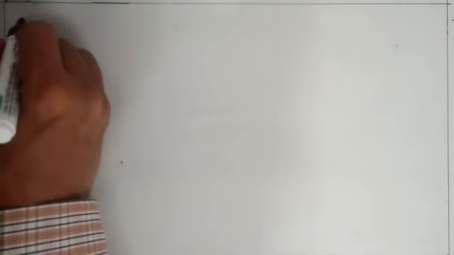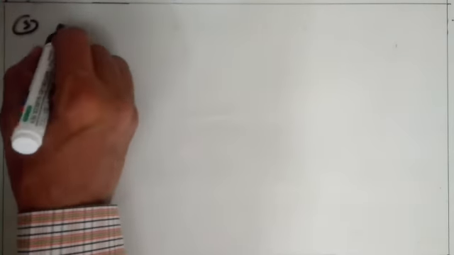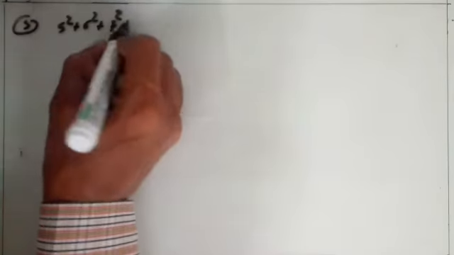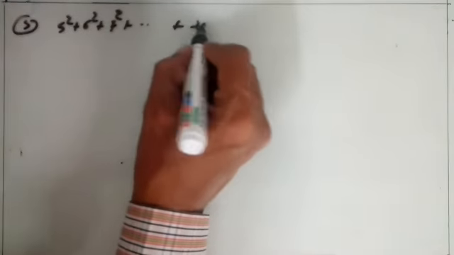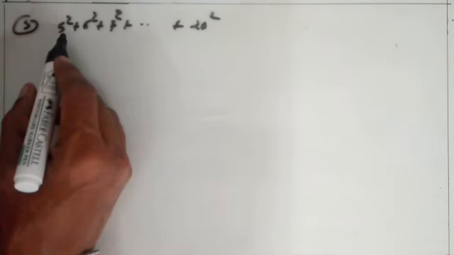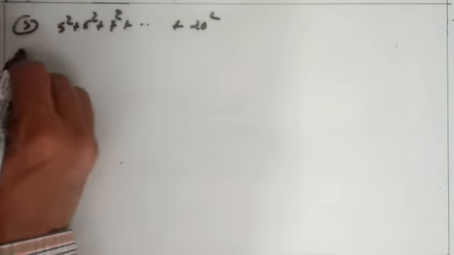Now the next question: 5 raised to 2 plus 6 raised to 2 plus 7 raised to 2 plus up to 20 raised to 2. Here first find the n-th term of the sequence.